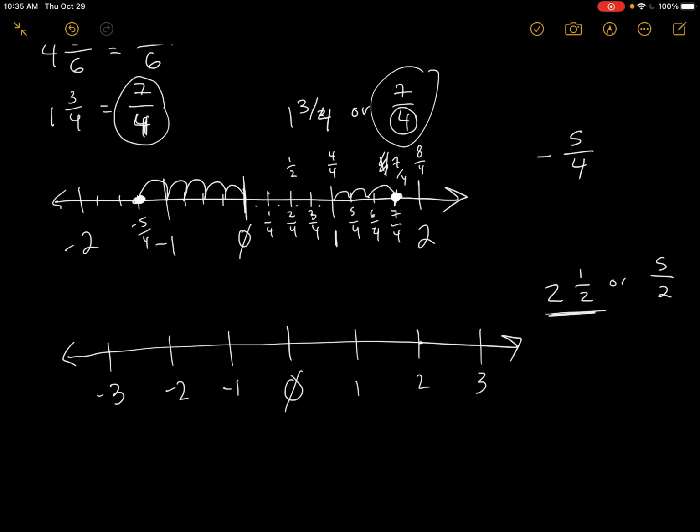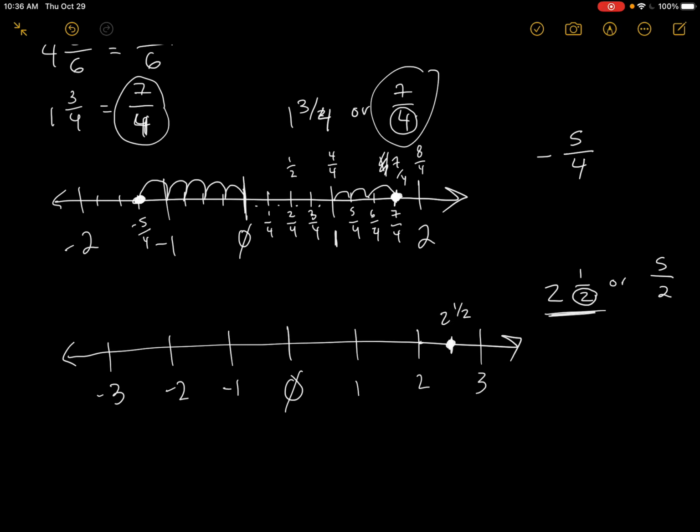It's going to be in between 2 and 3. So I'm just going to start from 2, and I know I'm breaking my numbers apart into 2 parts. That means I'm just going to split it right here in half. 2 1/2 would just be right there. So this is 2 1/2.